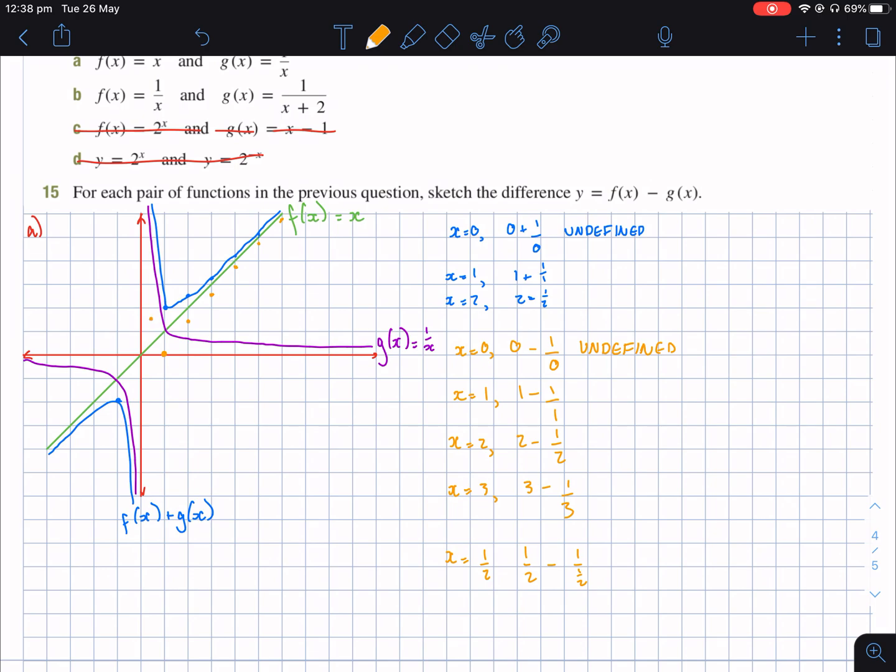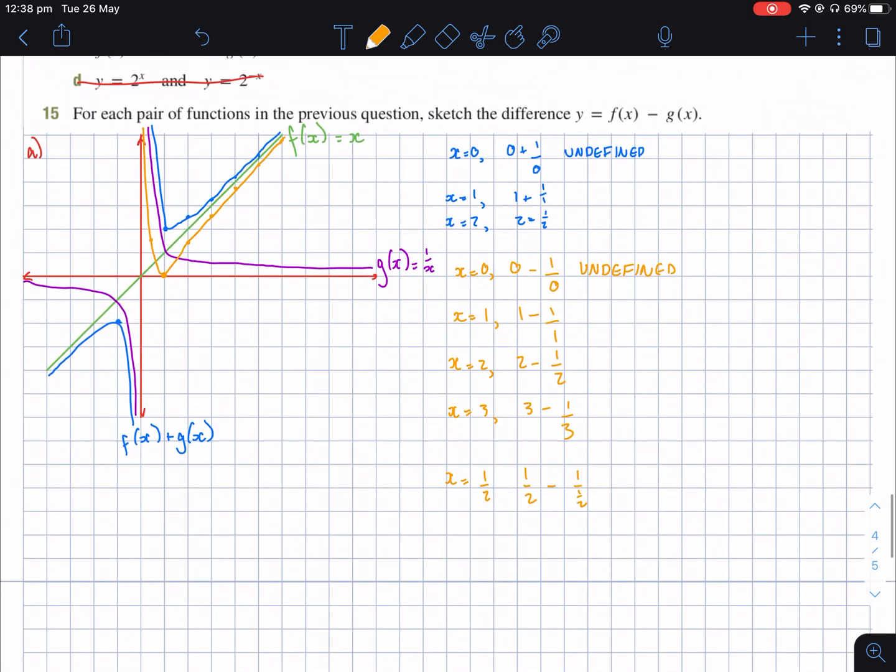So these ones kind of be going here, and then it's going to get closer and closer to the green. And it's going to be doing something really similar here.